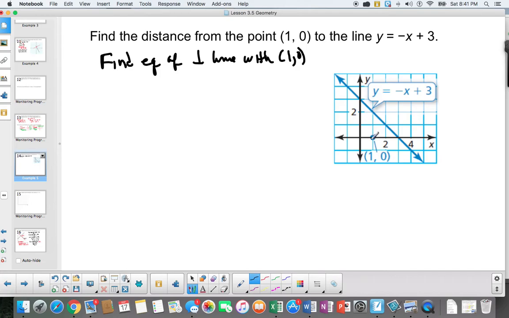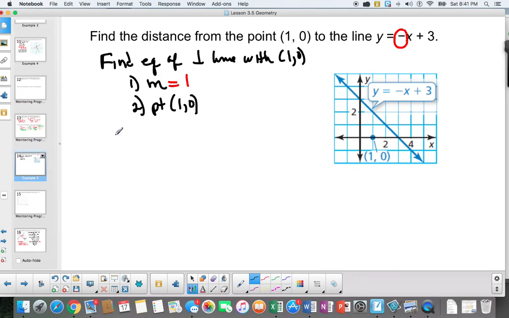So here's 1, 0. I want to draw the perpendicular line, which requires two things. It requires a slope and it requires a point. Now the point I've already been given is 1, 0. And since I'm looking for a perpendicular, I'm going to look at this slope right here, and I want the opposite reciprocal, so my slope that I want is 1.